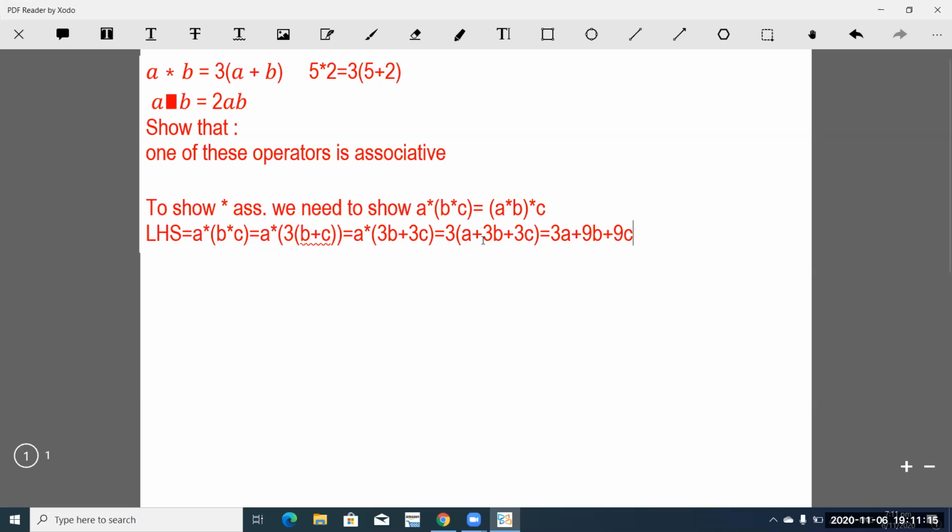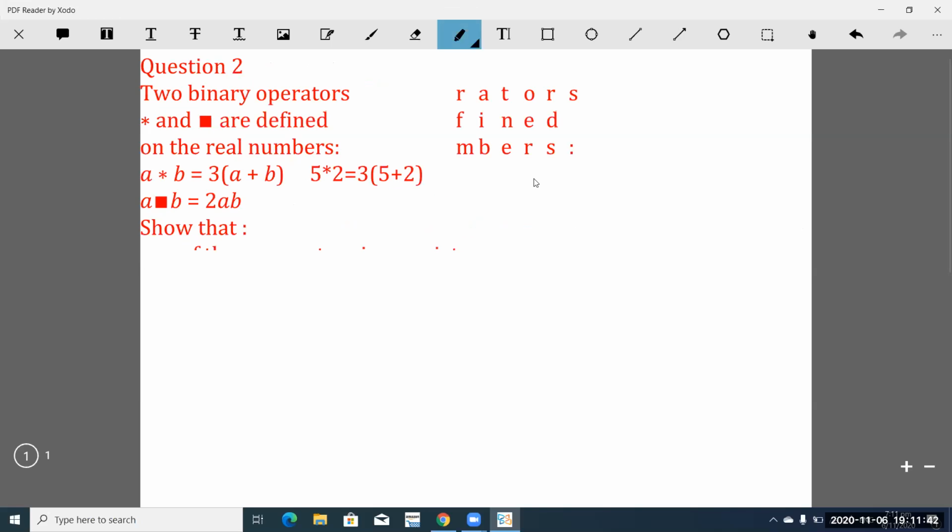All right, you understand how I got the 3 times the A plus the 3B plus 3C? I don't understand how you put, is it that you just put A into the bracket? All right, so all I did was, let me try and use a marker.